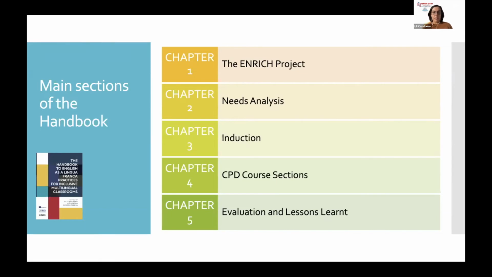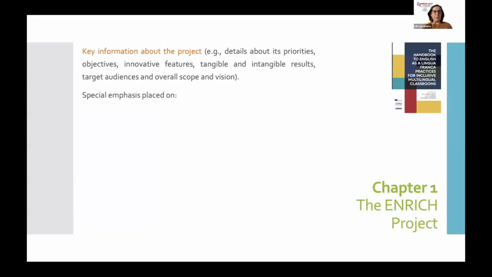Taking a look at chapter 1, the ENRICH project, key information of the project is provided, and it's essentially what Nikos talked about today in his first intervention in our panel, in which he talks about its priorities, its objectives, what's innovative about the project, the tangible and intangible results, who the target audiences are, and what the overall scope and vision is.